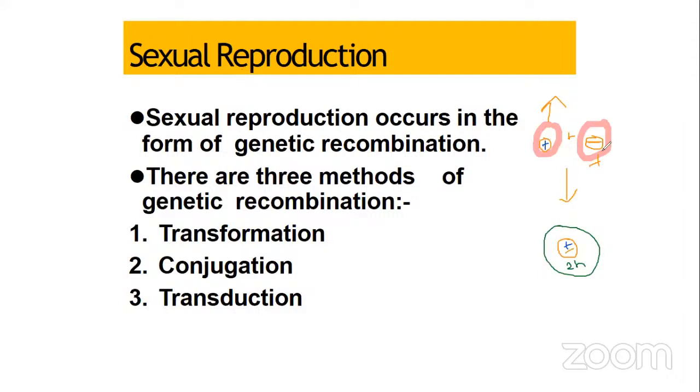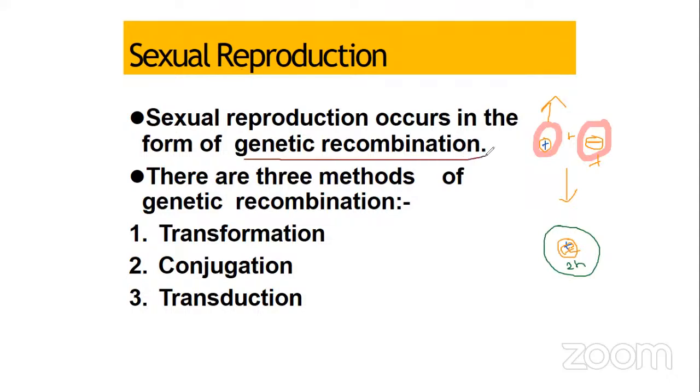The plus genes and minus genes are both exchanged, plus to minus and minus to plus. So this is called genetic recombination. This is called genetic recombination.